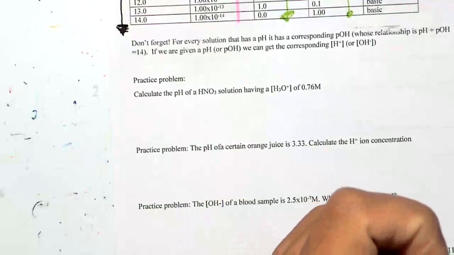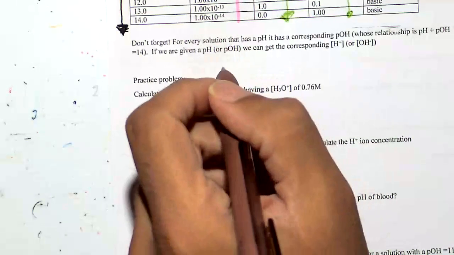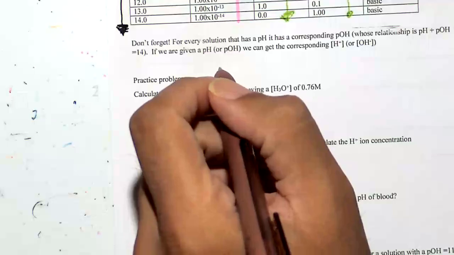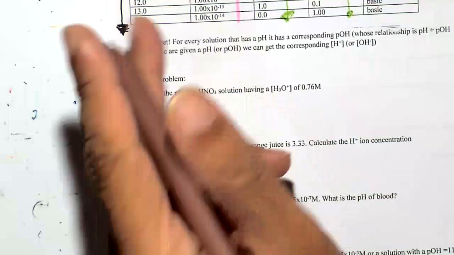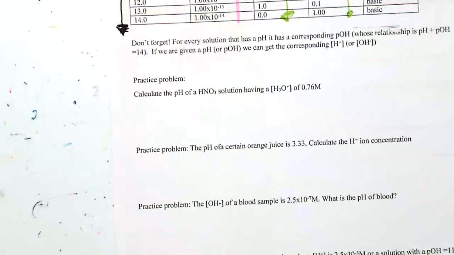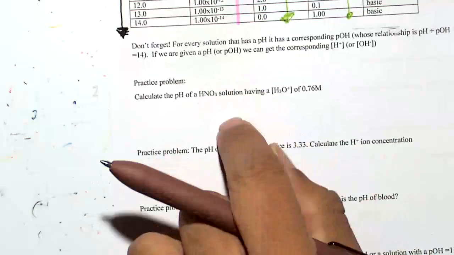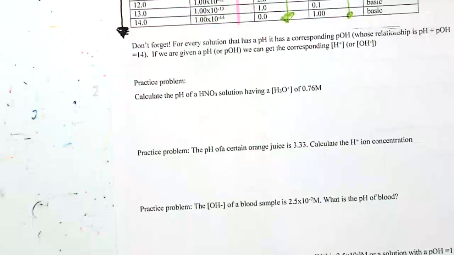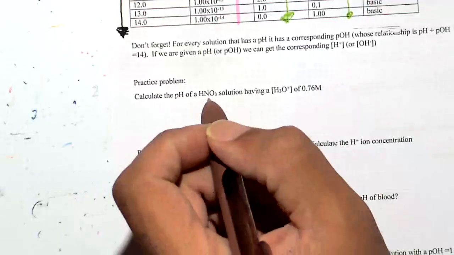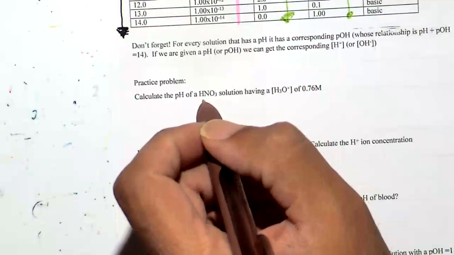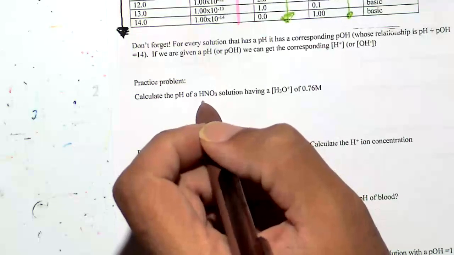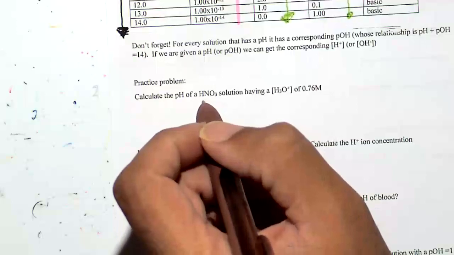Strong. For a strong acid like nitric acid, we do not have to use an ice table. Why? Because it's a strong acid. What if it were a weak acid, which it is not? If this was a strong acid, which it is, we can just plug it straight into the pH equation. What if this was a weak acid?